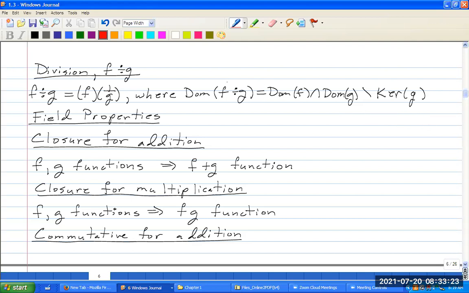So again, f divided by g will be defined pointwise if f is defined for that particular value of x, and g is defined for that particular value of x, and g is not 0 for that particular value of x, so I'm not dividing by 0.